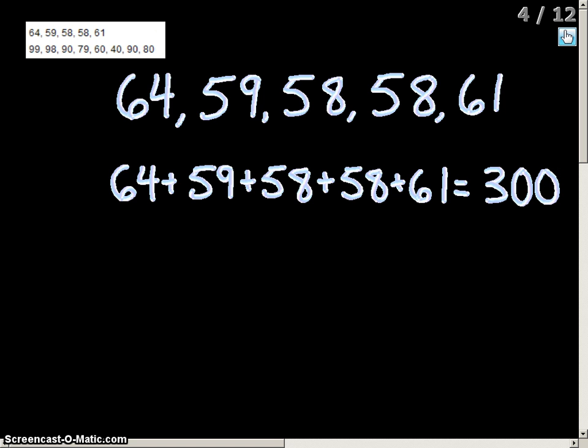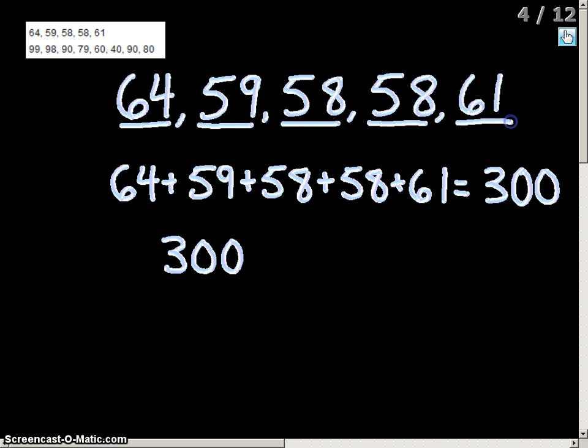Now I'm not finished yet. The first step is to add all the numbers that I've collected, all the data together, which gives me 300. Now I'm going to take 300 and divide that by a certain number. The number I'm going to divide it by is how many numbers I have in my data, not how many digits, how many actual numbers. So I have 1, 2, 3, 4, 5.